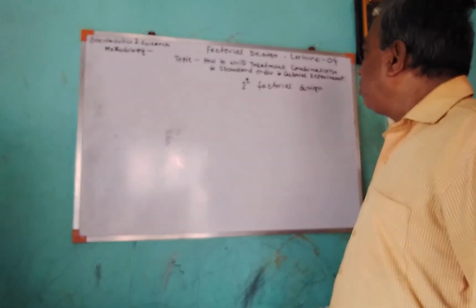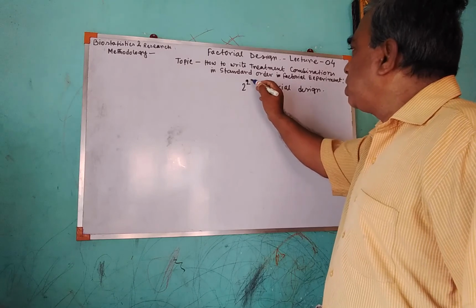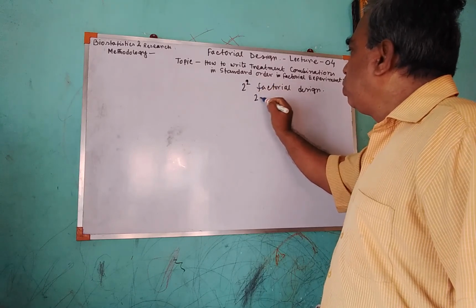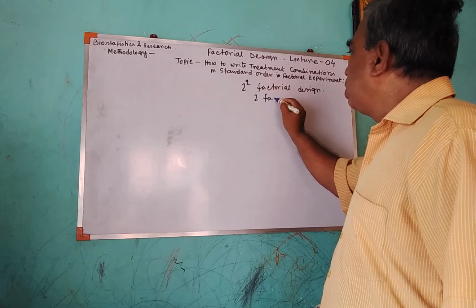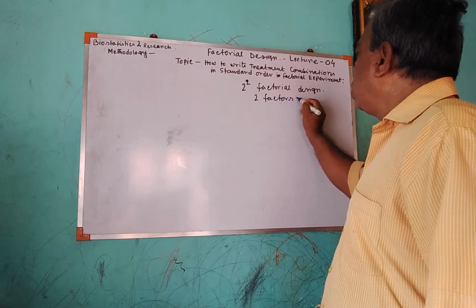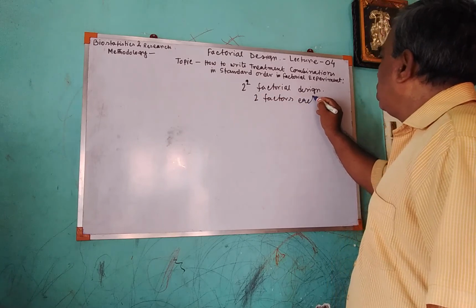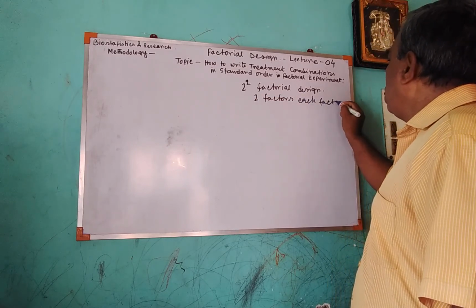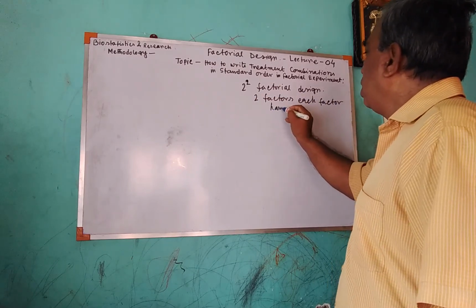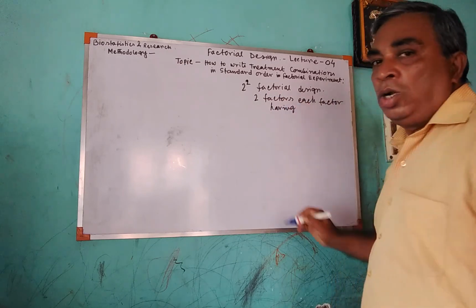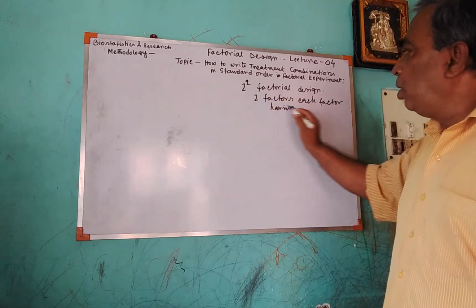So in a 2 square factorial design, this power is 2, that means two factors, and this 2 means each factor has two levels.